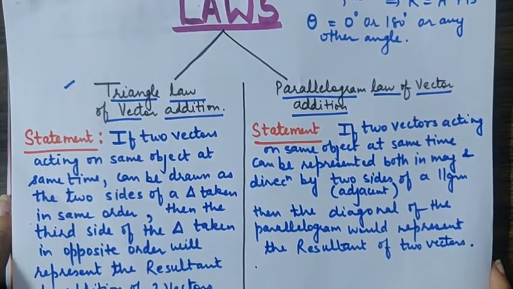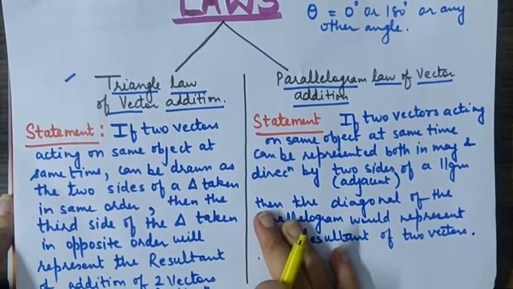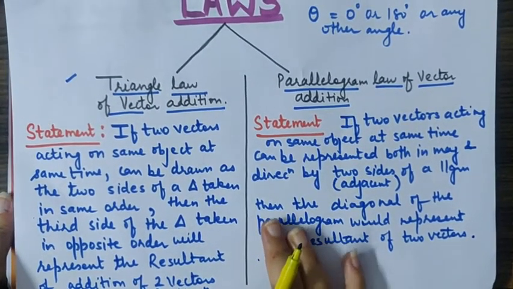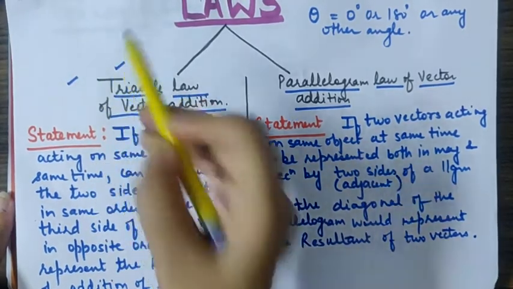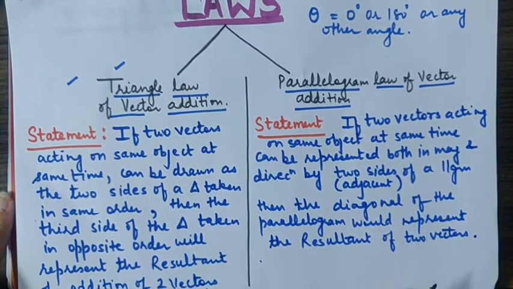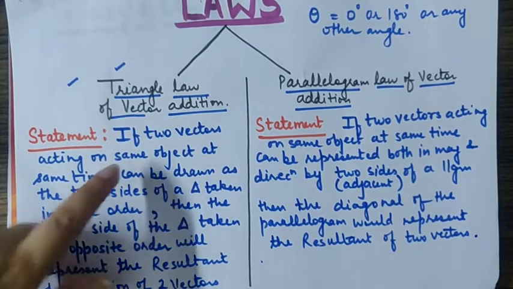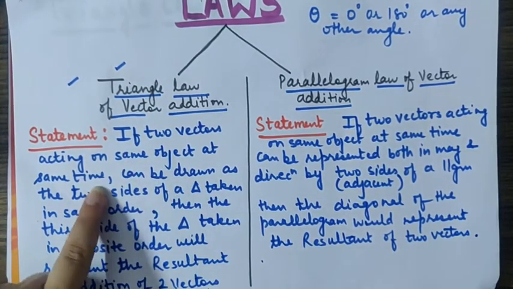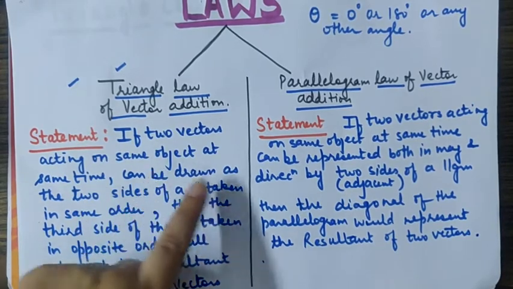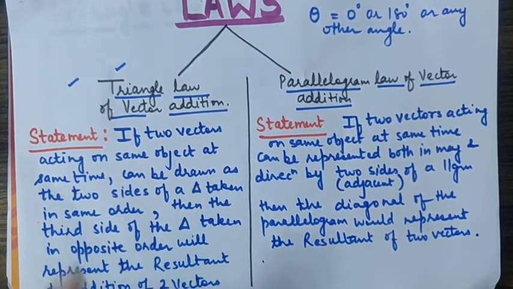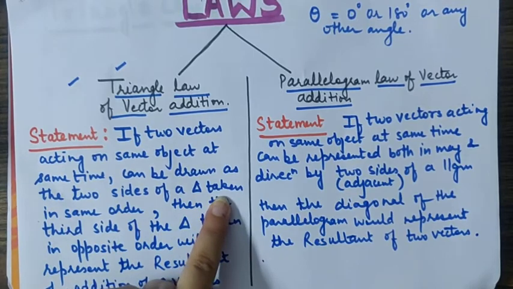So coming to the first law, the first statement will be very important and you should learn the statement. The name of the law is the triangle law of vector addition. So what does this law state? If two vectors acting on the same object at the same time, I told you before also, can be represented, can be drawn as two sides of a triangle.